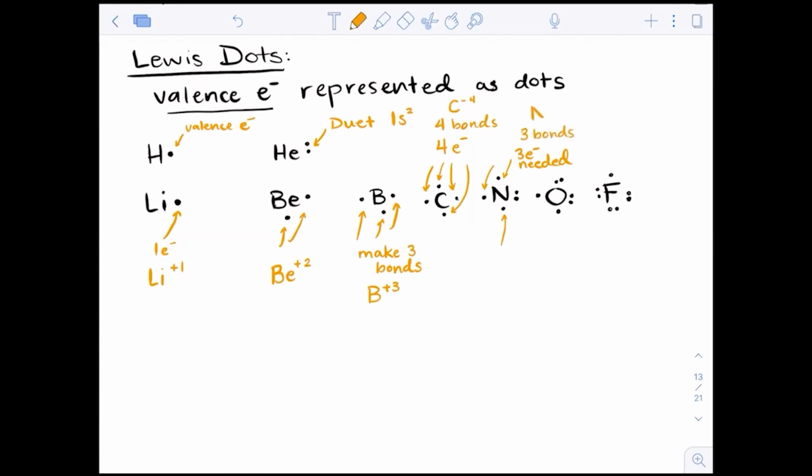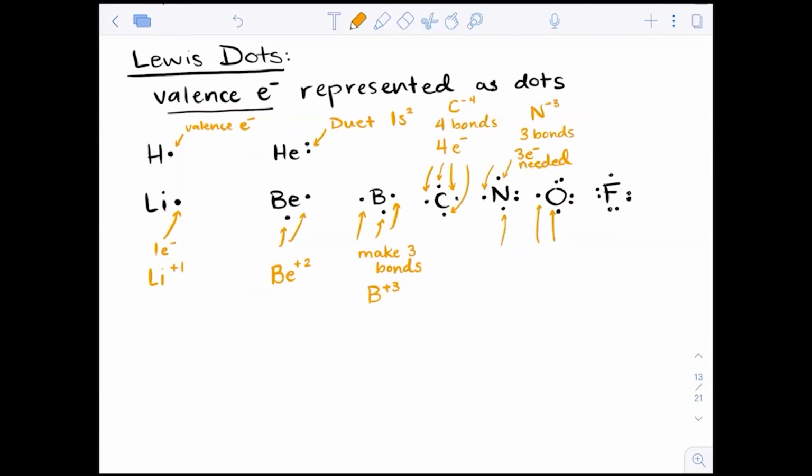We can also think about N minus 3 for the ion. Again, I'm only picking out the spots where there's an unpaired electron. We know electrons are paired in their orbital diagrams.